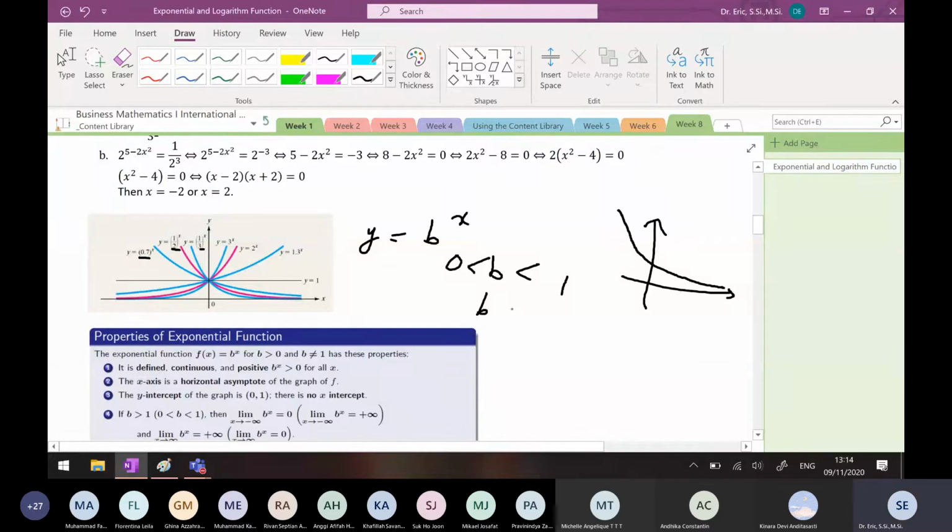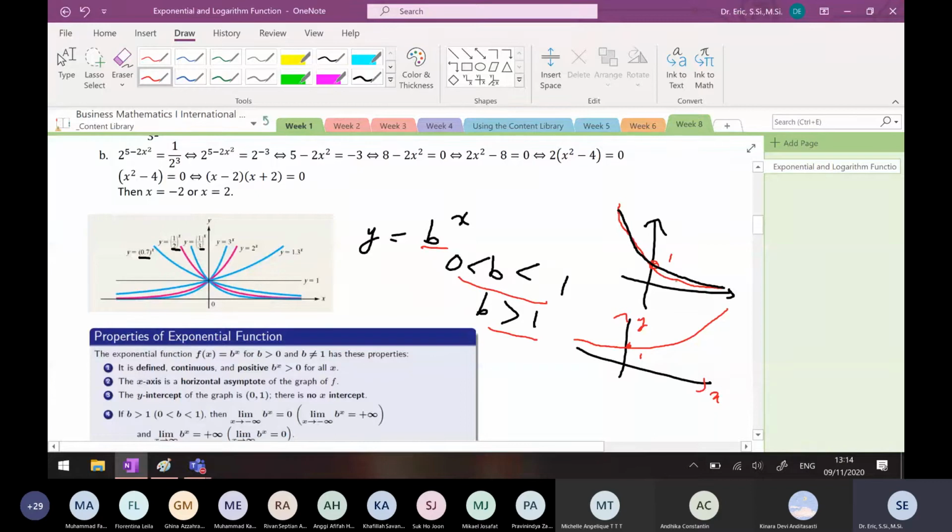Okay, but if you have b greater than 1, you should have this one. Maybe I should write it. Yes, right there. And this should be this one. Yeah, and this is always 1. This is x, this is y. So you have a different kind of figure when the base is from 0 to 1 and when the base is greater than 1.